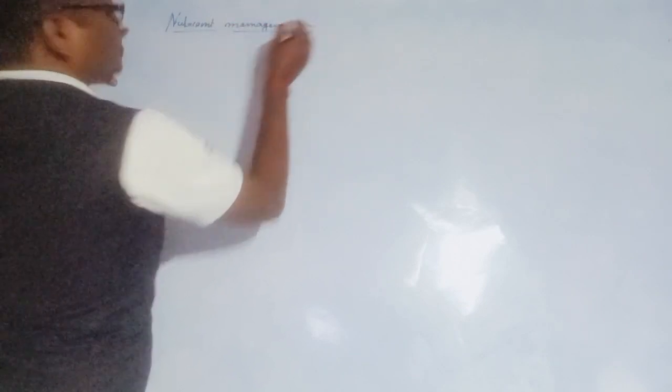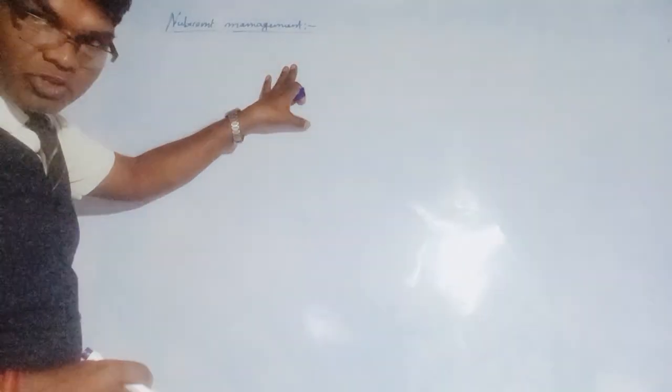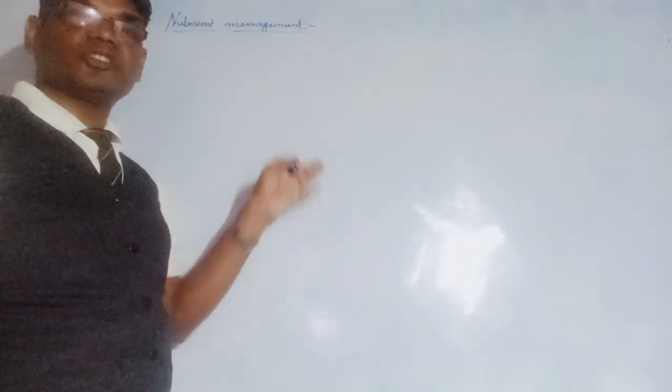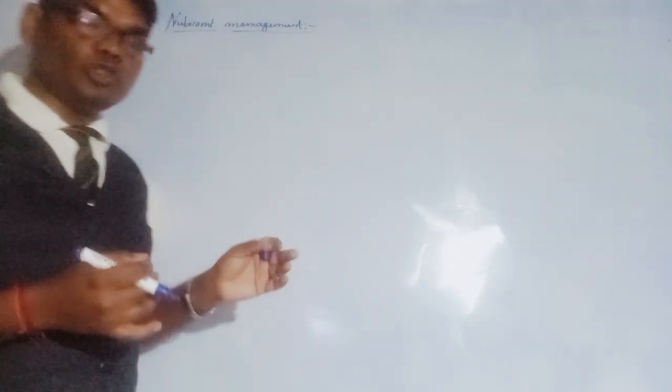There are 16 types of essential nutrients available, and these nutrients are responsible for the growth, development, and differentiation of the plants.